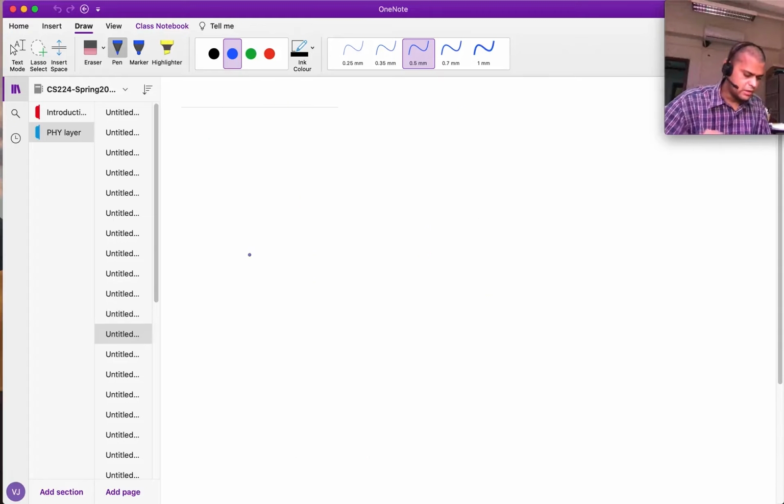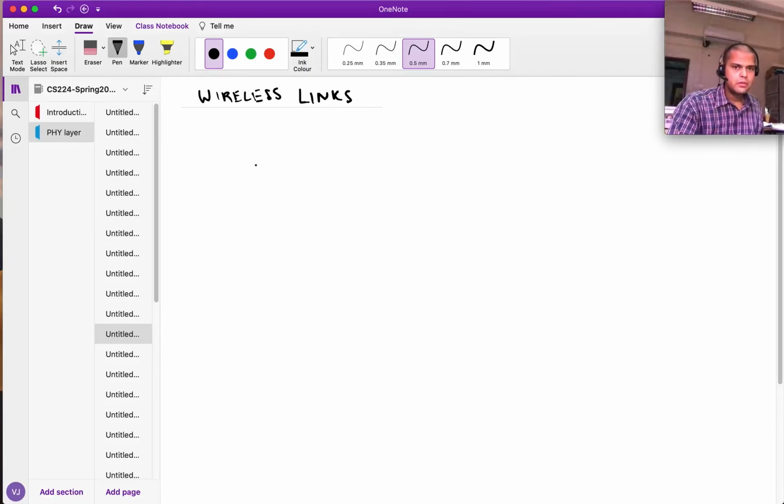So let's talk a little bit about wireless links. Okay, so here let's say you have A and B. Now A is going to transmit using an antenna.